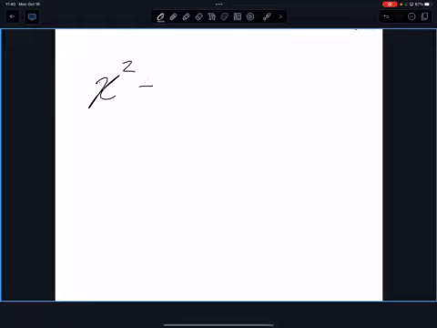Completing the square. Sketch the graph of this specific equation. It can tell you that.